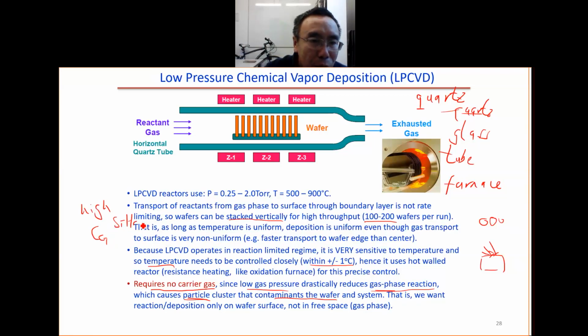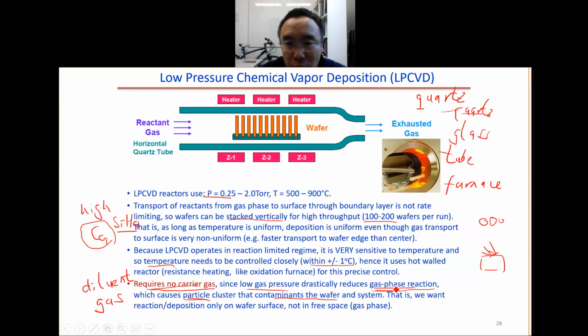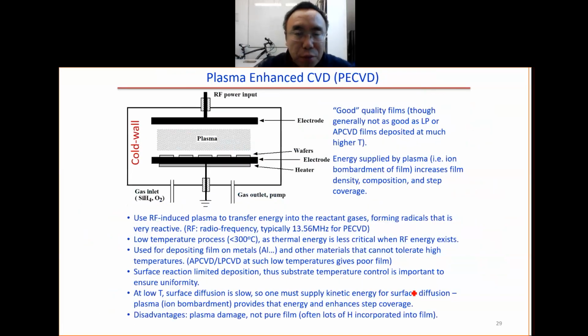If the partial pressure of silane is very high, there may be a gas phase reaction, which is bad. But at low pressure the Cg is not very high, so we do not need a carrier gas, also called a diluent. The purpose of the carrier gas is to dilute the main gas to avoid a gas phase reaction.